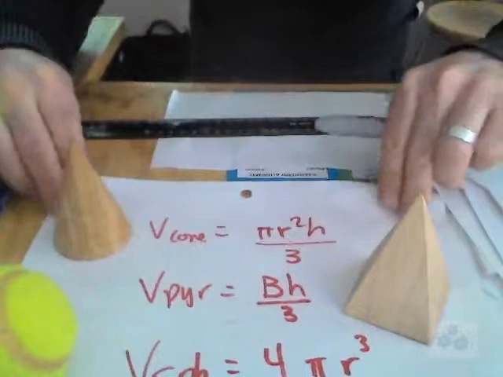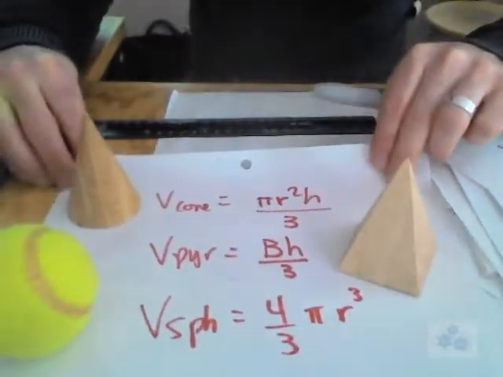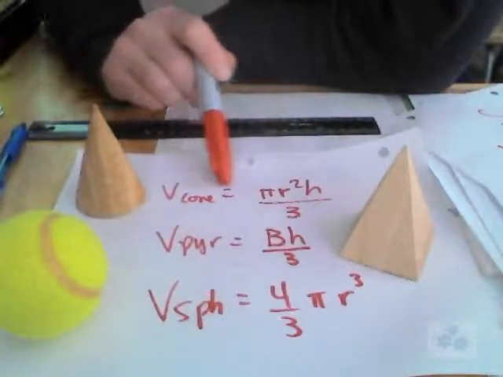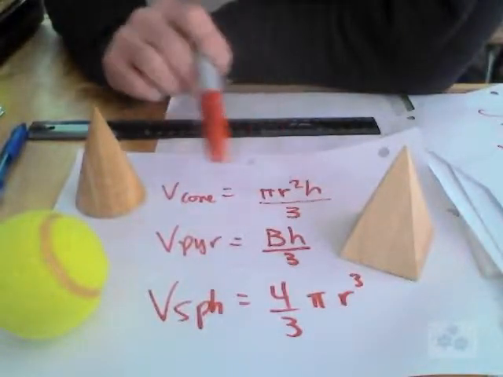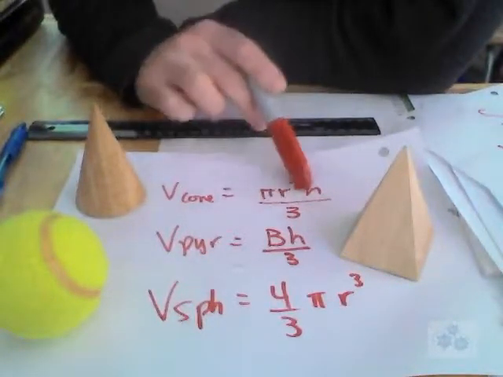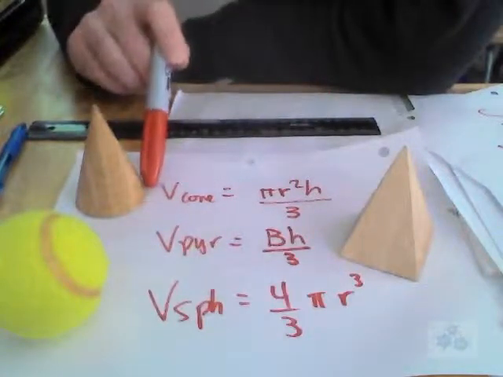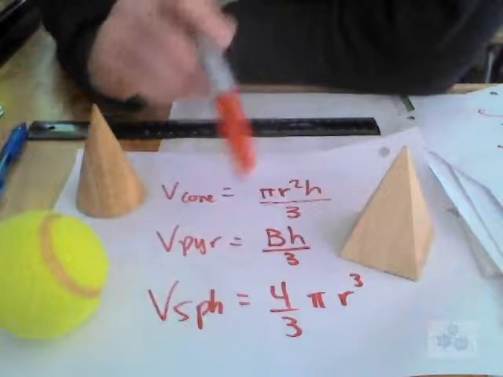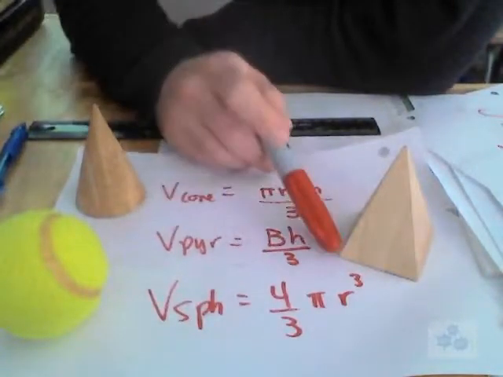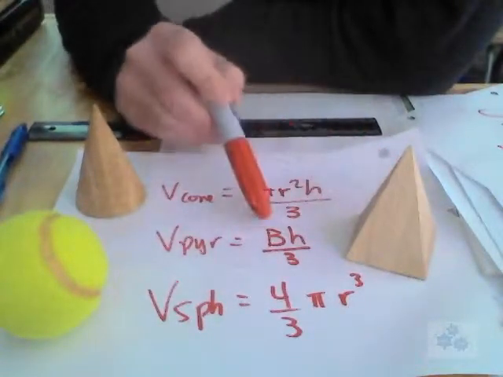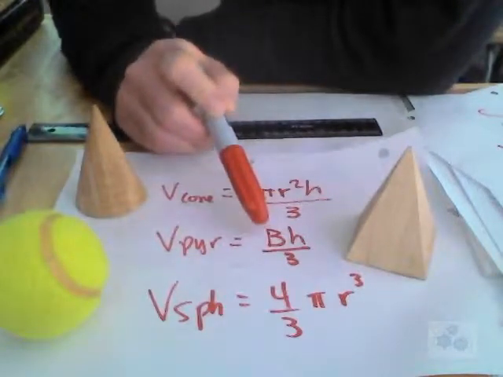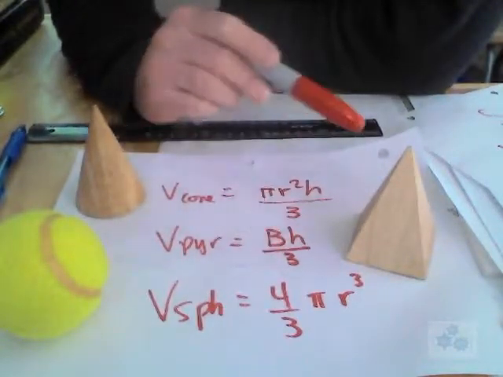So we've got all three here. The volume of a cone is pi r squared h over 3. That's the area of the base times the height divided by 3. The volume of a pyramid, if it's a square or a rectangle or whatever, is the area of the base, that's what big B means in your notes as well, times height divided by 3.